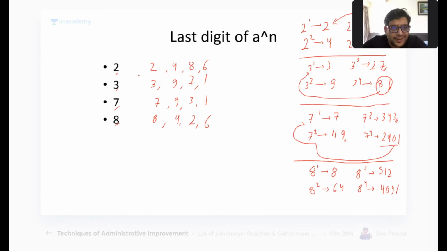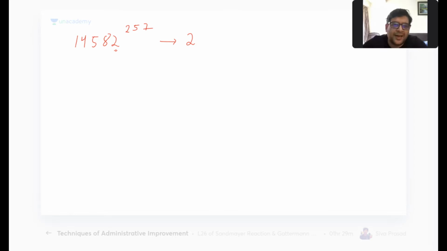Another thing is that since the cyclicity of the powers of 2 in case of last digit is 4, all that I need to do is find out whether this 257 is a multiple of 4 or if it is of the format 4k plus 1. Because if it is 4k plus 1, then my answer is 2. If it is of the format 4k plus 2, then my answer is 4.